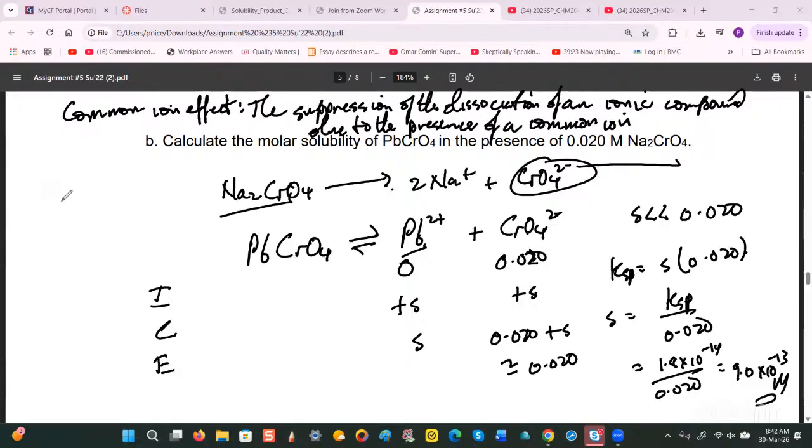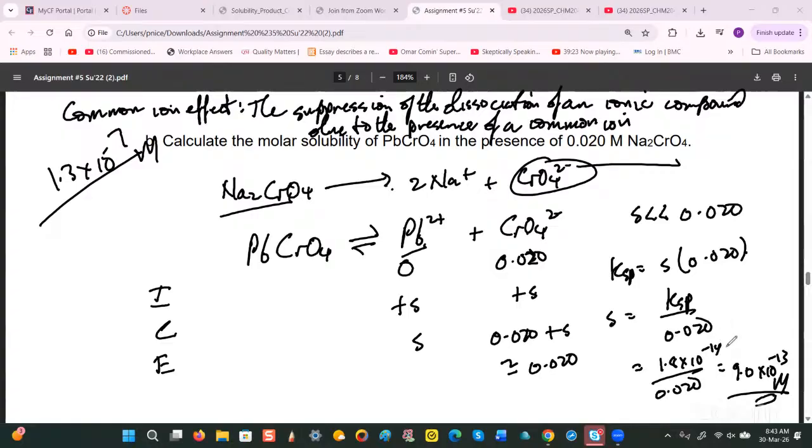Can somebody remind me, what was the solubility that we calculated in the A part? 1.3 times 10 to the negative 7. Right, okay, so you can see the difference here and here, right? In pure water, the solubility of the lead 2 chromate is 1.3 times 10 to the minus 7. In a solution where the chromate molarity is 0.020, the solubility is 9.0 times 10 to the minus 13.